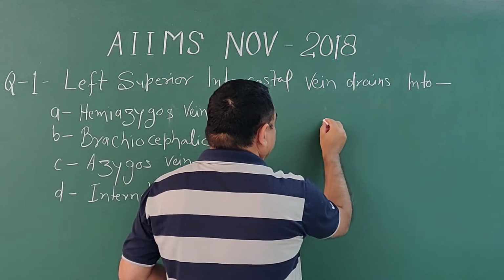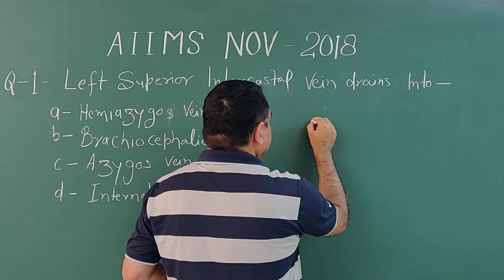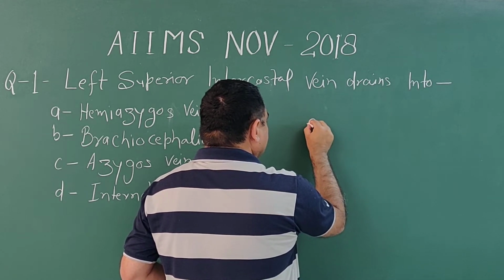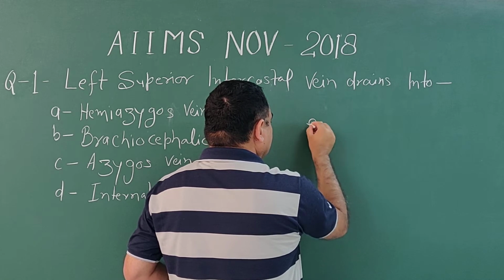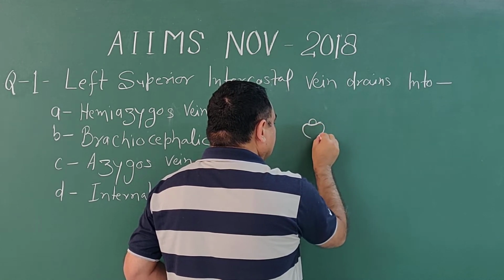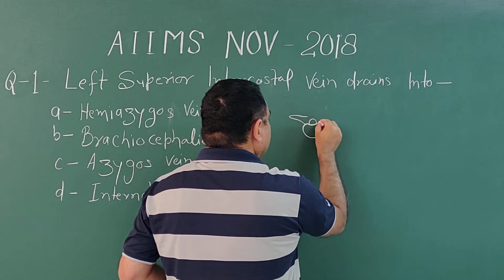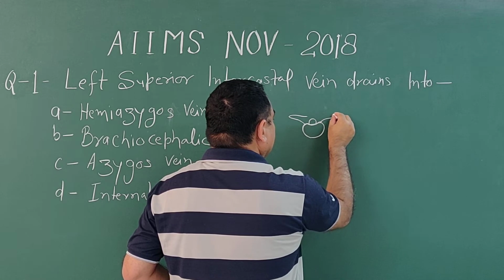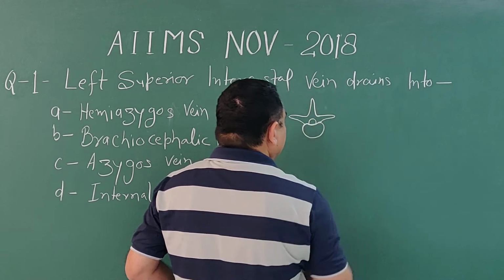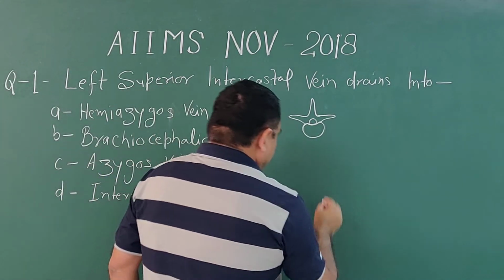Here is the position of the thoracic vertebra. This is the thoracic vertebra.